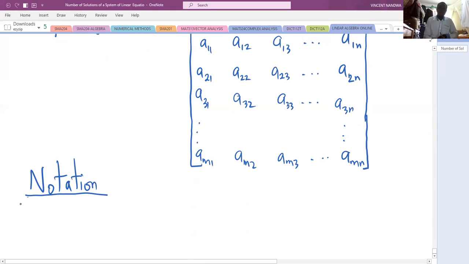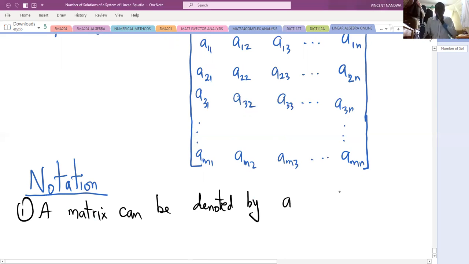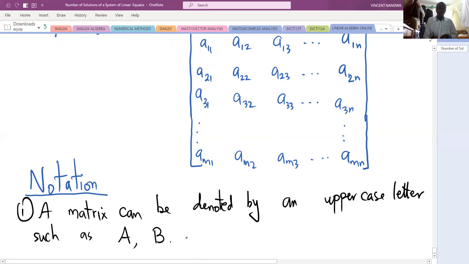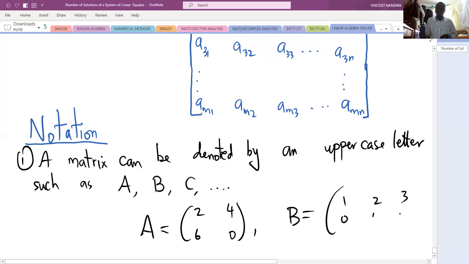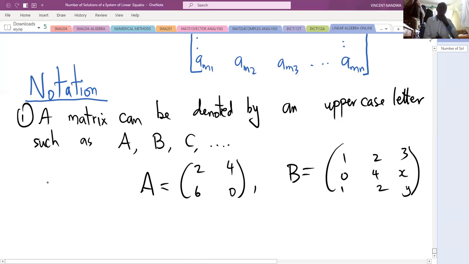One, a matrix can be represented or denoted by an uppercase letter, such as A, B, C, D, etc. We can say A equals 2, 4, 6, 0, or B equals 1, 2, 3, 0, 4, X, 1, 2, Y. So that's how we can denote a matrix by capital letters.